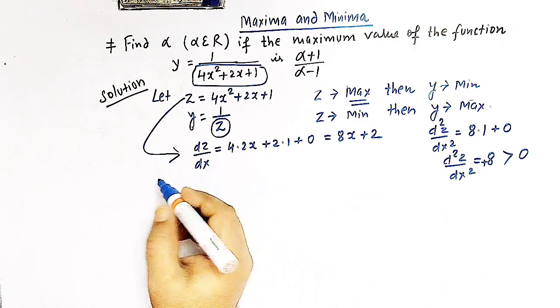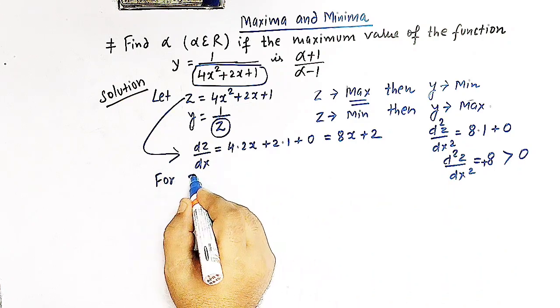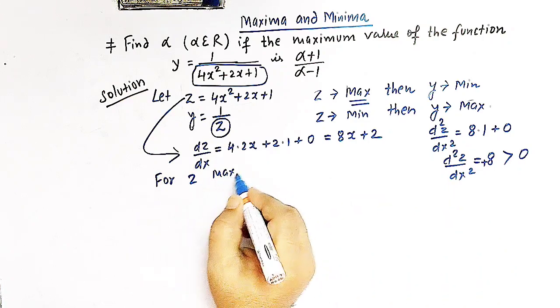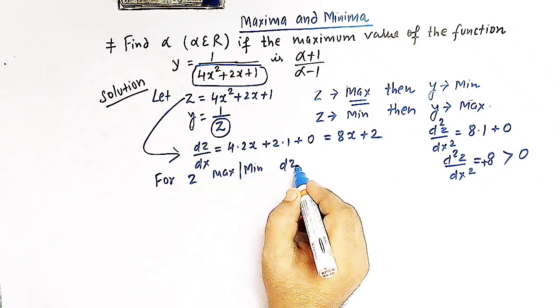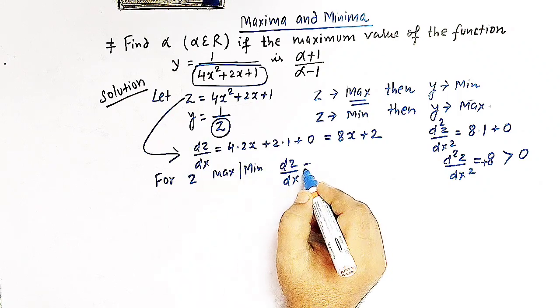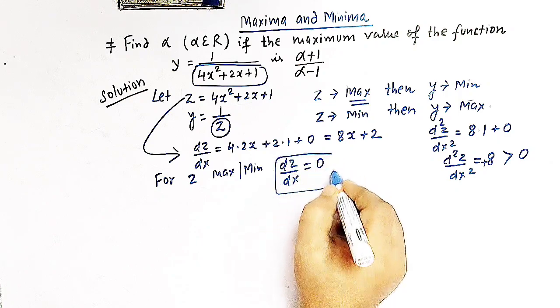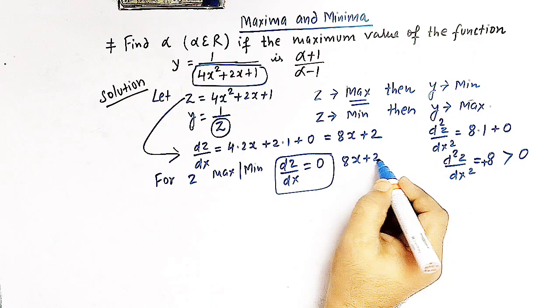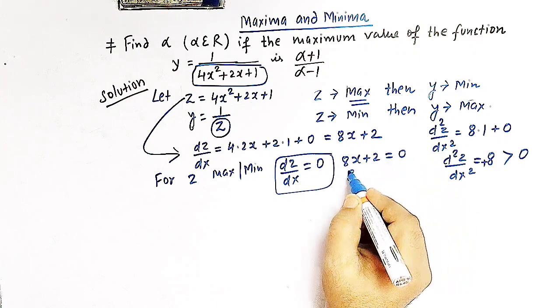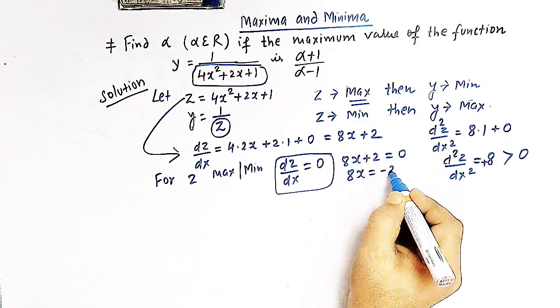Now for z to be maximum or minimum, we put the first derivative equal to 0 and solve this equation for x. So we have 8x plus 2 is equal to 0, so 8x is equal to minus 2.